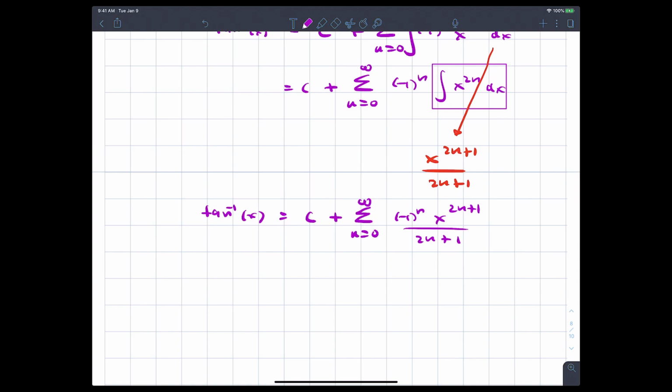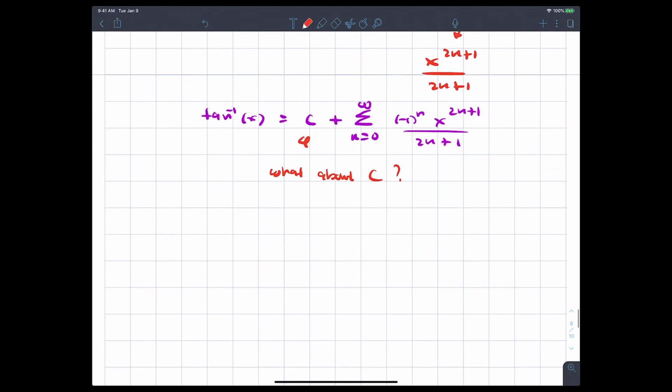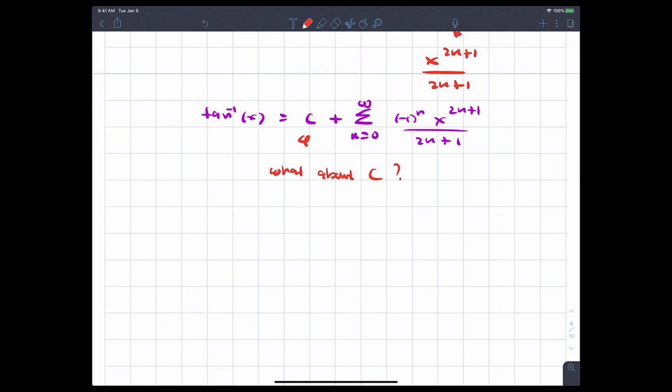However, you might say, well, what about this c here? Well, you can get rid of that c, or I should say not get rid of it. That's not the proper way to say this. I want you guys to note that what you can do is let x be any value. Here we're going to let x be 0. And if x is 0, we replace the 0 wherever there's an x.